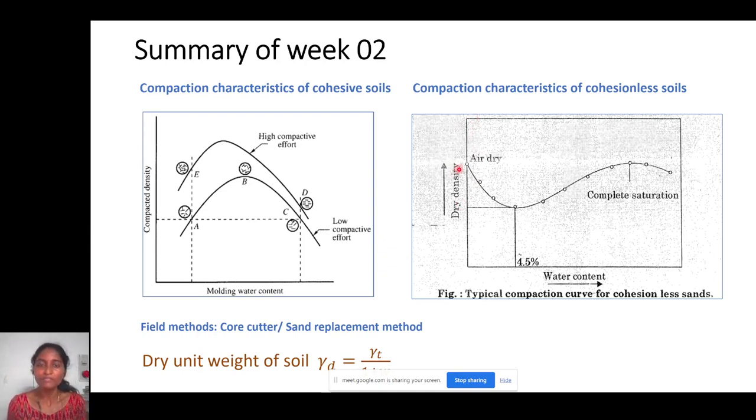So what happens is, if you see the curve here, initially when there is no water content, usually only dry soils are there, so they have some particular dry density. After that, if you start adding a little water content, very little moisture, we know one of the phenomena called capillary action.